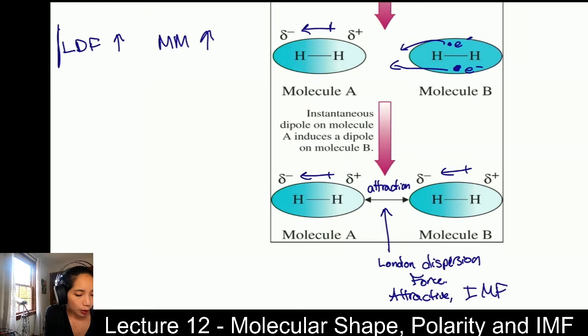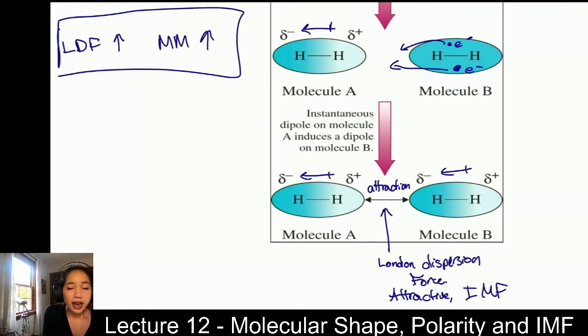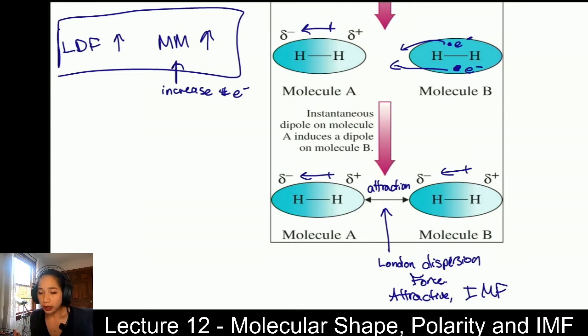So that is probably the most important thing. And the reason for that is that as molar mass increases, the number of electrons in your sample increases. So if there are more electrons in your sample, there are more chances that you can make instantaneous dipoles. So that's the reason why we see this trend, that London dispersion forces increase as molar mass increases.